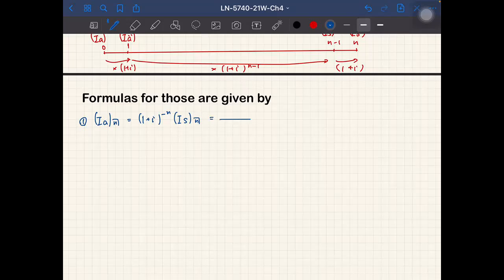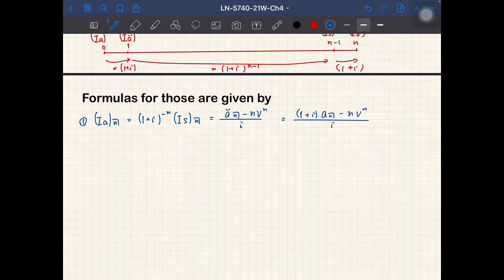This is equal to ä‾n minus n vⁿ over i, or we can write this as (1 plus i) times a‾n minus n vⁿ over i.